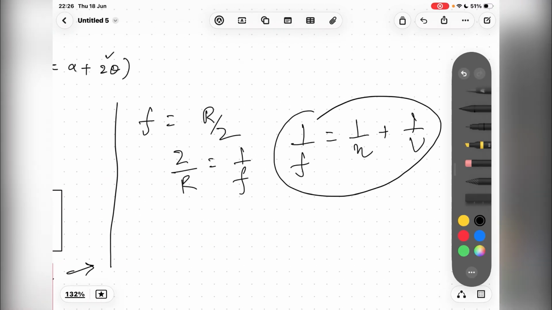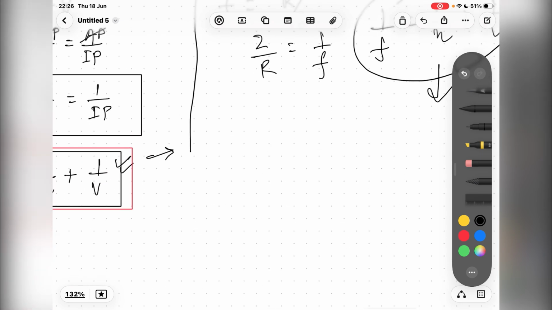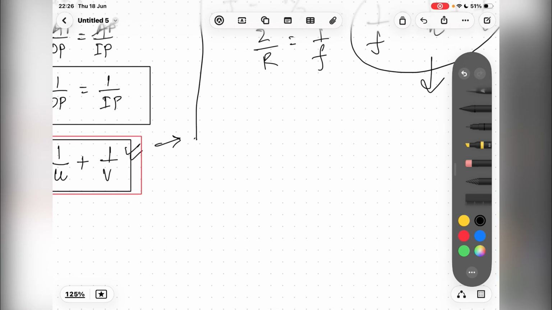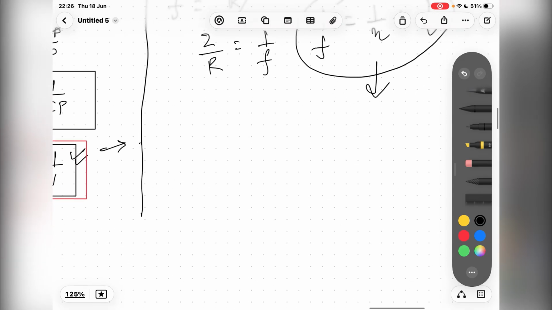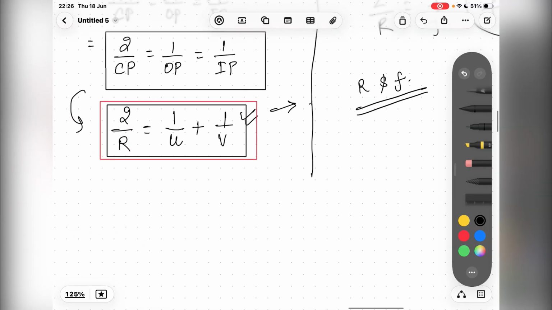So why did we not write it like that? Because until now we still haven't established the relation between R and F, which we will do now.